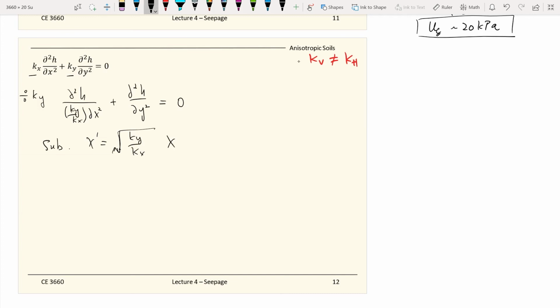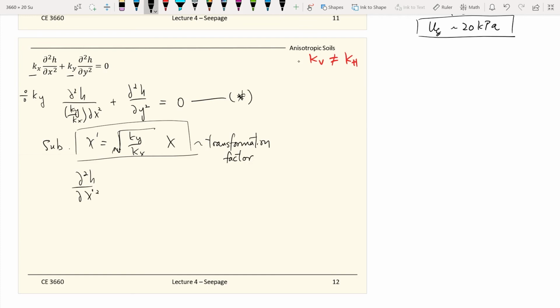If we substitute this, what we call the transformation vector, then our equation there, the star equation, becomes, so now it's not x, it's x prime.